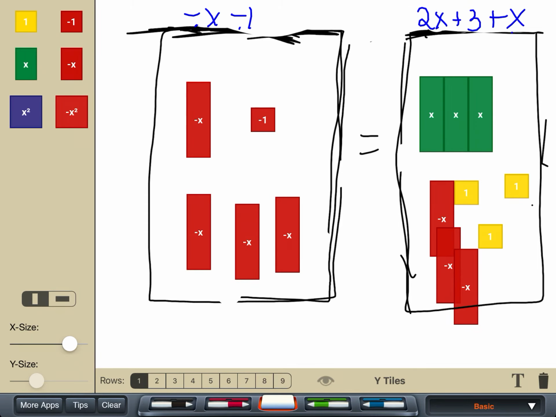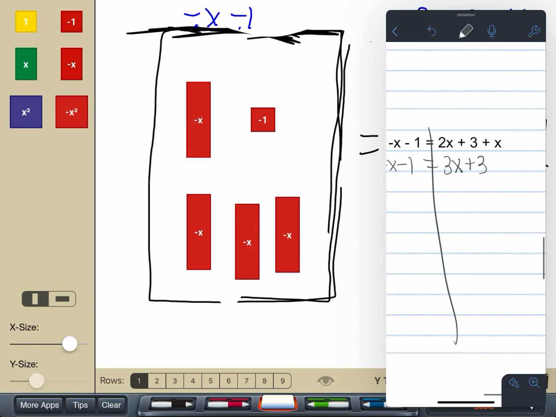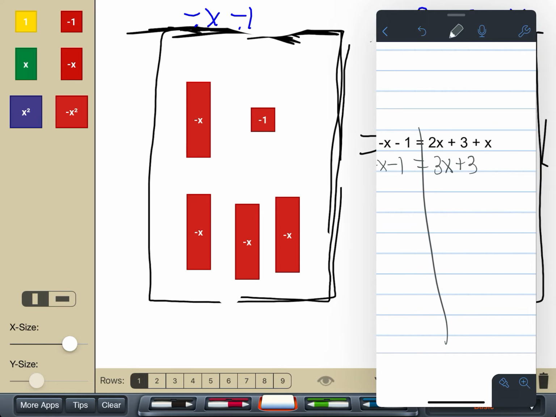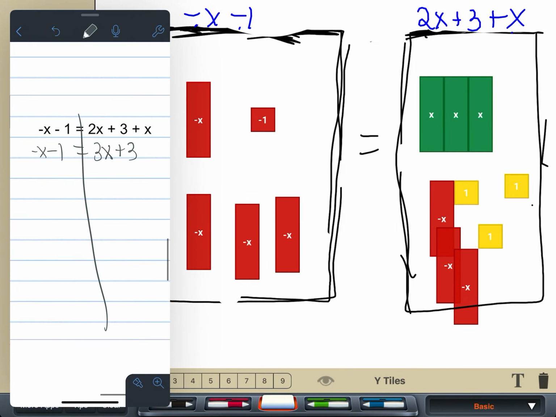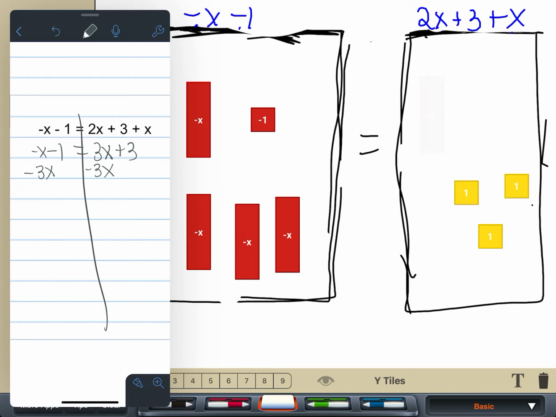What I'm doing there is really just subtracting 3x on both sides, or adding a negative 3x. So then this would turn to 0. So now you're left with negative 4x on the left side minus 1 equals 3.